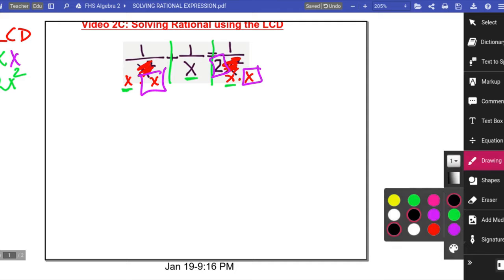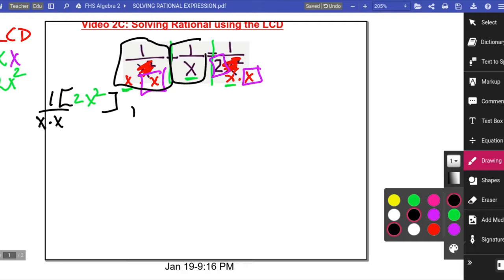Now you're just going to rewrite the work. Let's rewrite the first thing over here: 1 over x times x, and then you put your LCD in there, which is 2x squared, right? Then rewrite the second one, plus 1 over x, where you put your LCD, which is 2x squared.